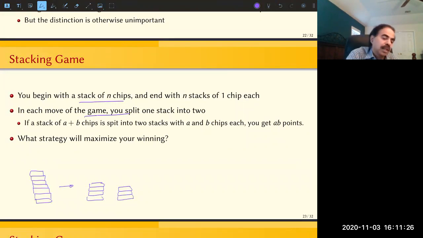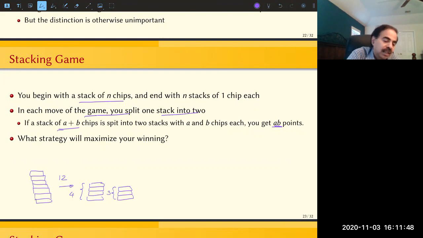You split the stack into 2, and you get A times B points. So this move will give you 12 points, because A is 4 and B is 3.